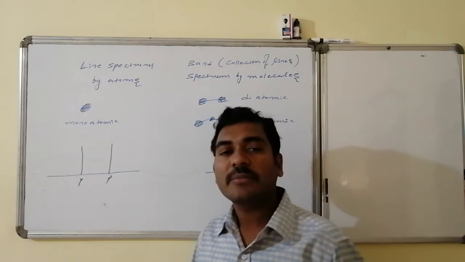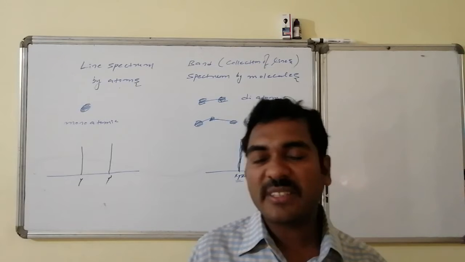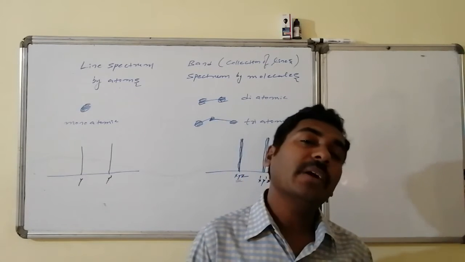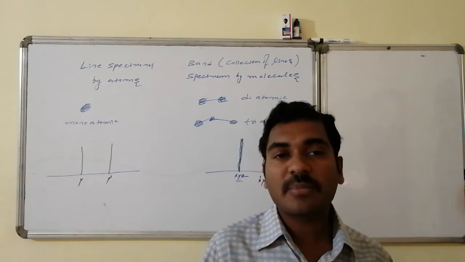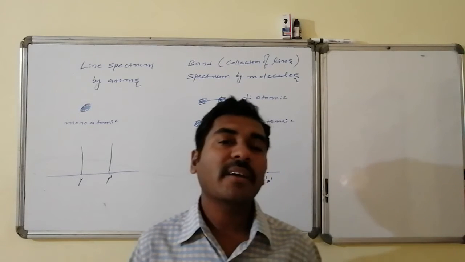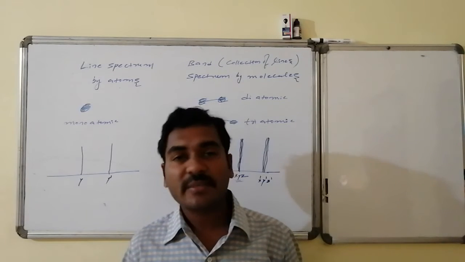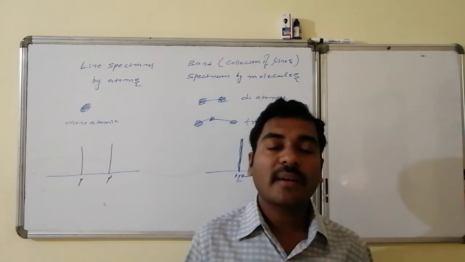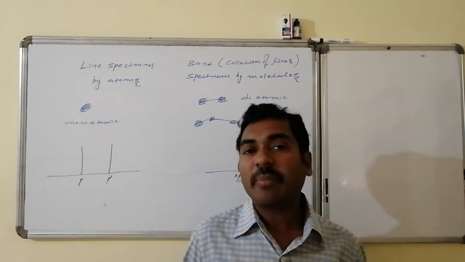Thus atoms are responsible for the sharp lines, and the corresponding spectrum is said to be the line spectrum. It may be an absorption spectrum, it may be an emission spectrum. If it is absorption, on the white background we will be getting dark colored lines. If it is an emission spectrum, on the black background we will be getting sharp bright colored lines.